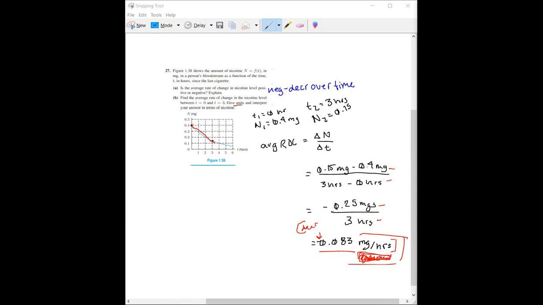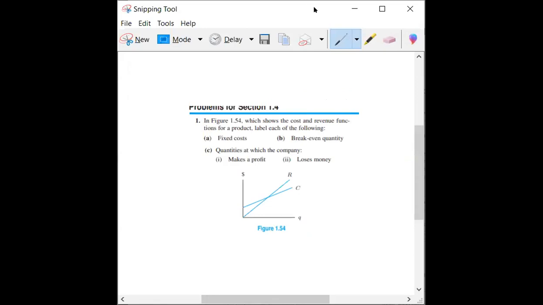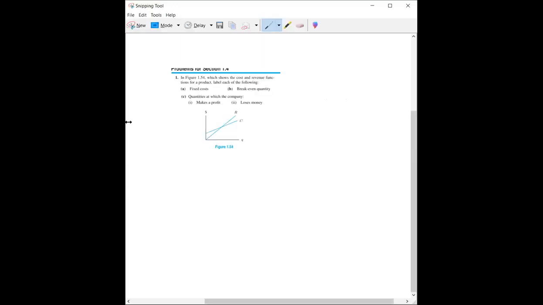Let's start thinking about cost and revenue. So whatever section this is supposed to be, let's think about that for a little bit. Okay, we have a figure.